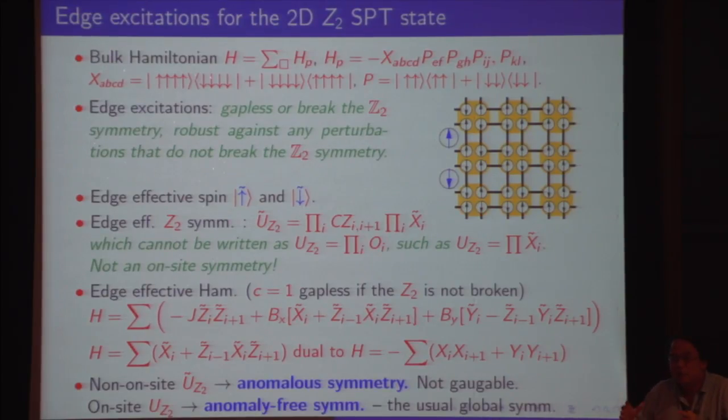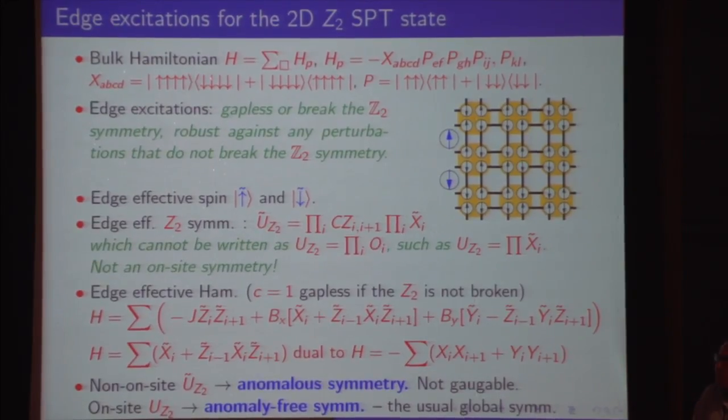So if you don't add the gauge field and only think of the symmetry, then you have a so-called anomalous symmetry. When I say anomalous symmetry, it really means you have an anomalous gauge theory, but treat the gauge symmetry as a global symmetry. Then you may ask whether a field theory with anomalous symmetry can be put on the lattice or not. At the moment, my answer is yes, but the price you pay is that the lattice version of the theory should have this non-on-site transformation.